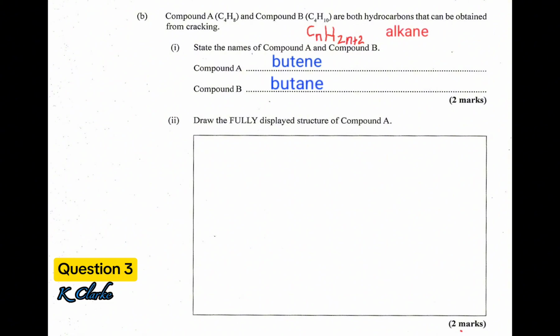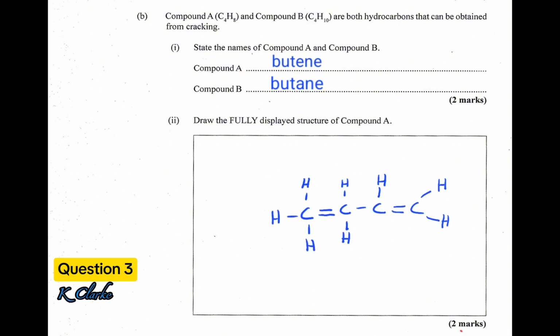Part 2. Draw the fully displayed structure of compound A. You should draw the molecule showing all the bonds. Here is compound A having a double bond, 4 carbons and 8 hydrogens.